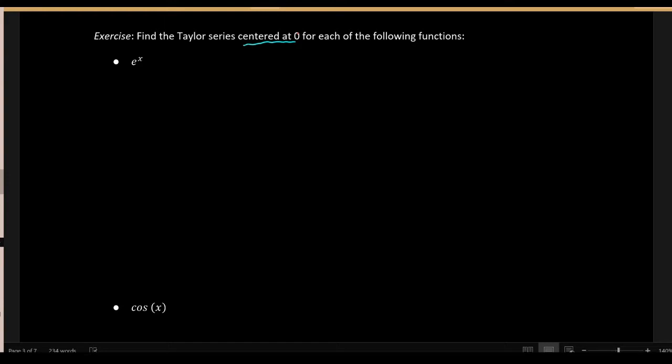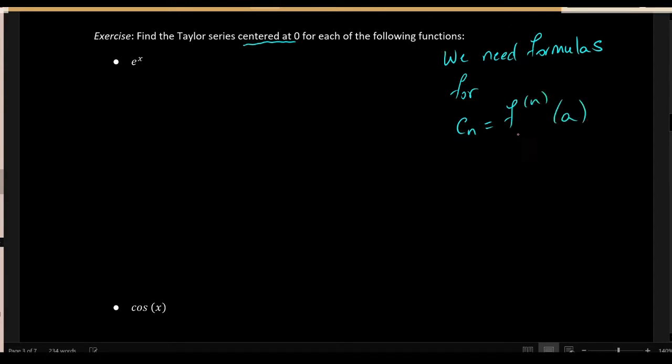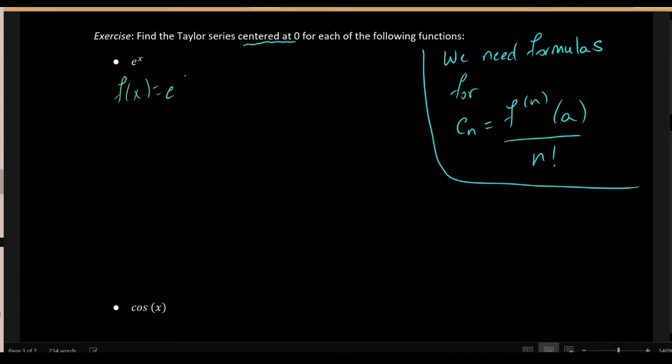So what we need to do when we find the Taylor series representation for a function is we need to figure out the formulas for the coefficients, c sub n, which is equal to the nth derivative evaluated at the center divided by n factorial. So let's go ahead and calculate the derivatives of the function f of x equals e to the x.